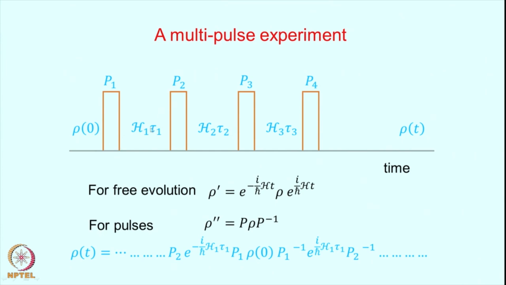Then this is followed by an evolution period, free precession period, which is under the influence of the Hamiltonian H1, and this happens for the time tau 1.